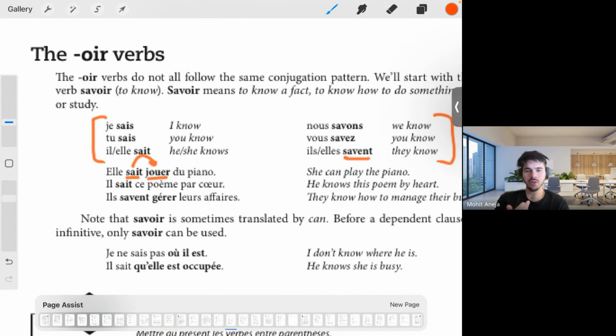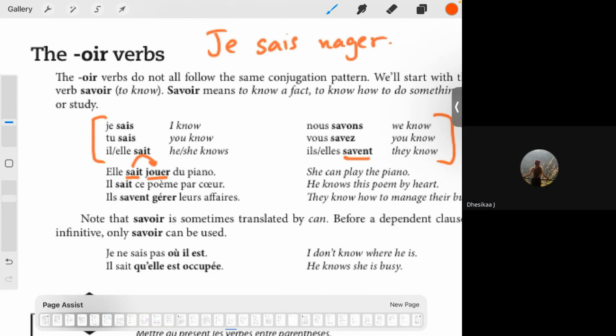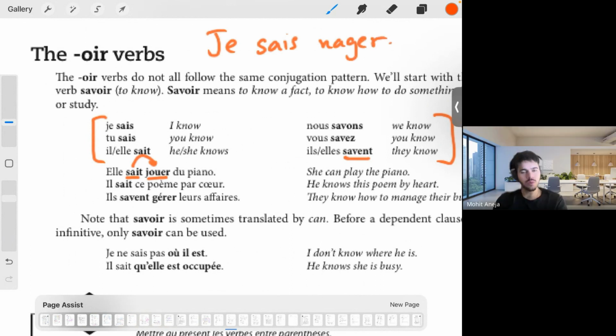If you want to say you know how to swim, how will you say? Je sais nager. That how to plus a verb actually changes to one single word in French. So je sais nager. What does this mean? I know swimming, or I can swim basically. I know how to swim.